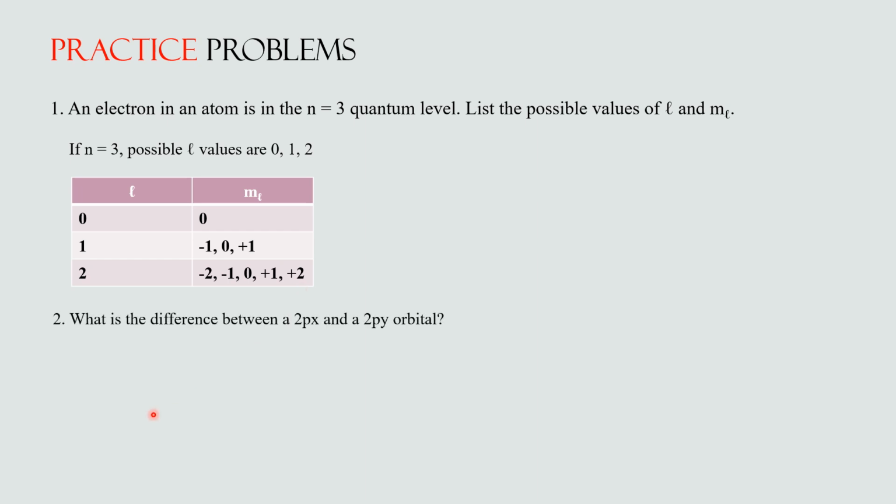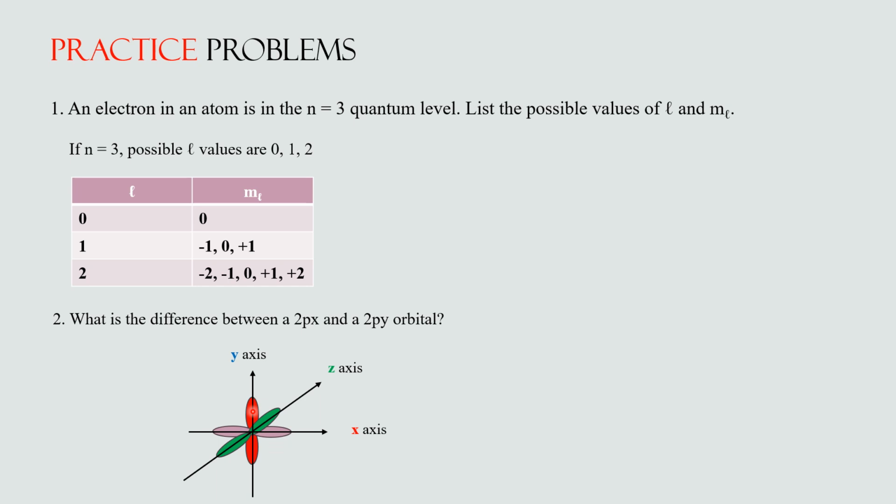Question number 2. What is the difference between 2px and 2py orbitals? In n equal to 2, there are 3 p orbitals. They are degenerate, that is, equal energy. All 3 p orbitals are equal in size and shape. The only difference is they are along the 3 Cartesian axes.